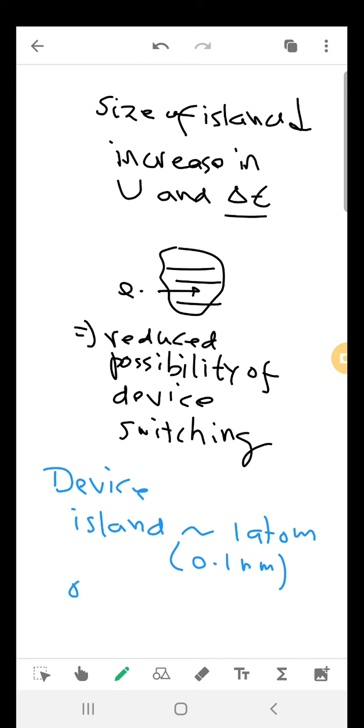So this could operate at very high temperature, 100 times the room temperature. But this limit can only be approached with molecular electronics. So this can be achieved only in molecular electronics.